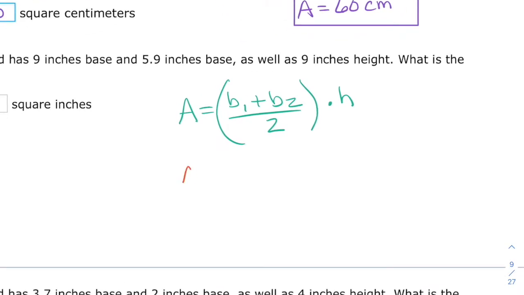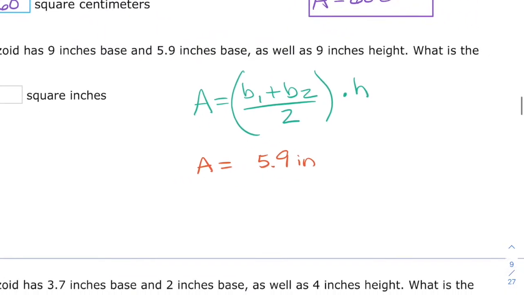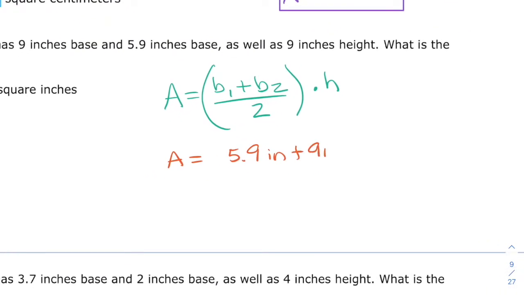So area is going to be equal to base 1 is 5.9 inches and base 2 is 9 inches. It doesn't matter which one goes where because we're adding them together and dividing by 2, times a height of 9 inches.